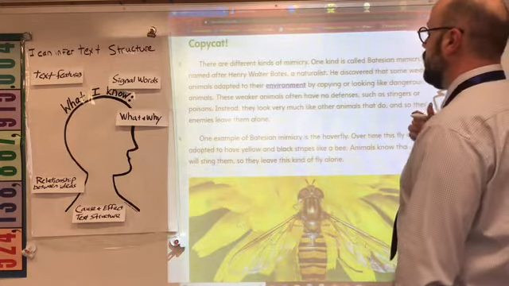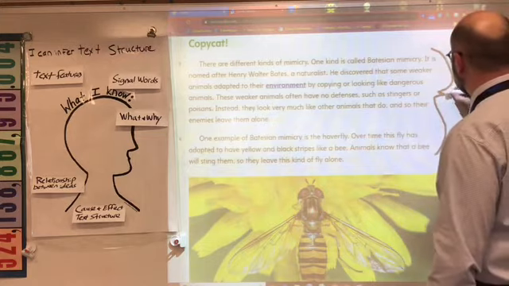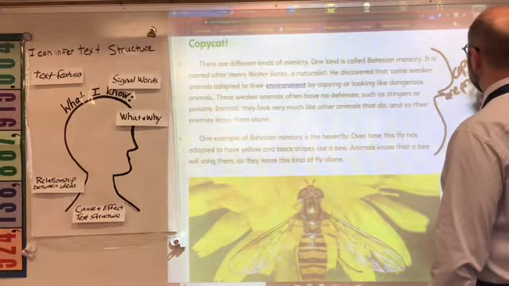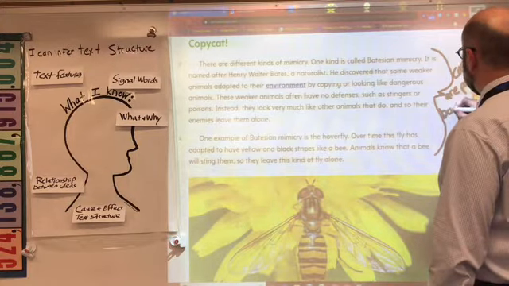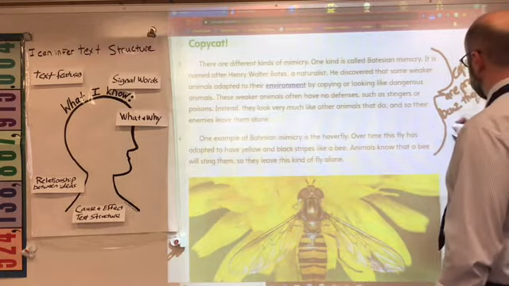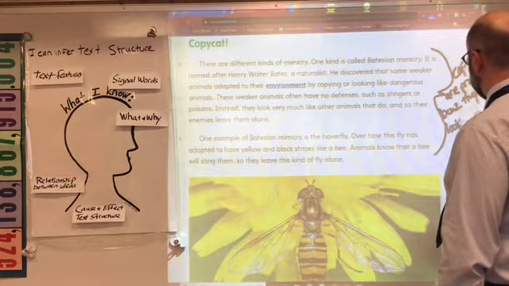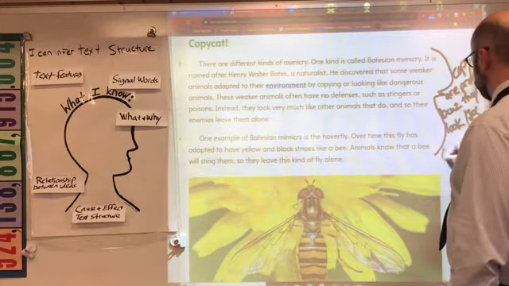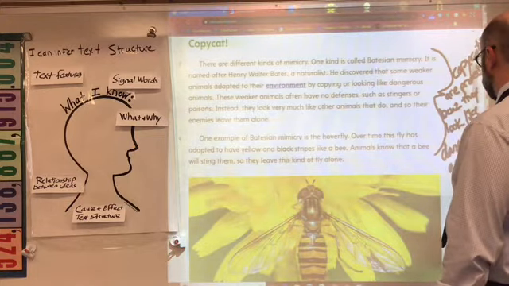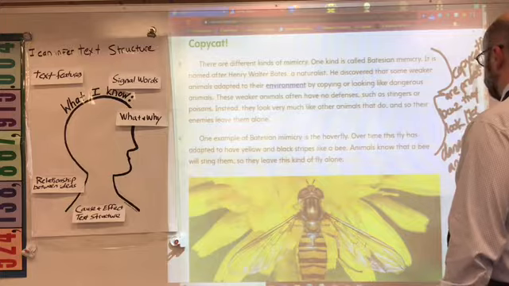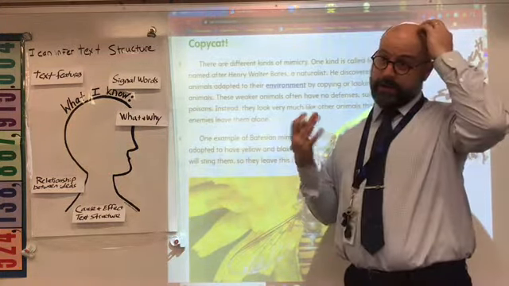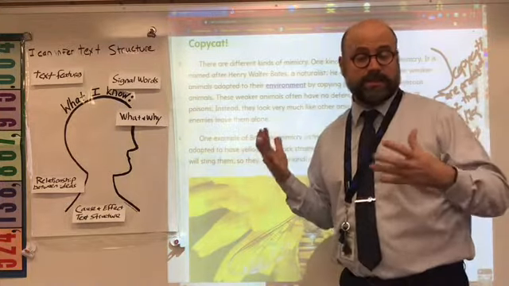Copycats are protected because they look like other dangerous animals. That's the main idea here. Because they look like dangerous animals, they're left alone. We talked about that with our cause and effect lesson too, and that's kind of a cause and effect thing.